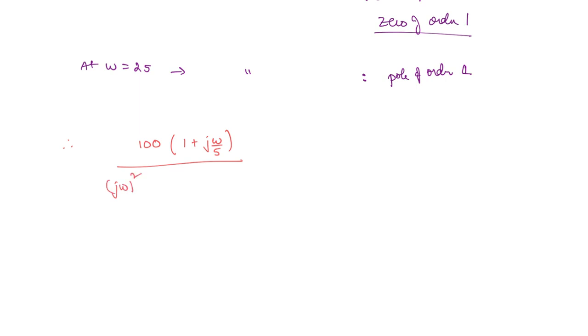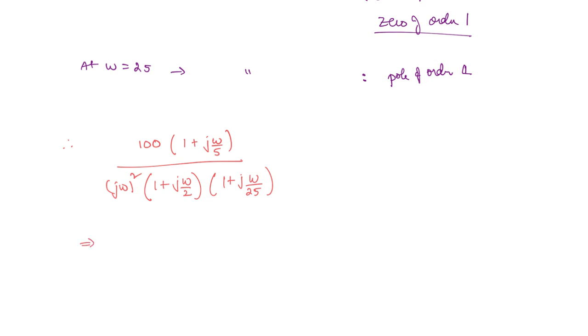So j omega whole square into another pole, and poles we have at omega is equal to 2 and 25. So you're going to get 1 plus j omega by 2 into 1 plus j omega by 25. Because when you write 1 plus j omega t, then what was the corner frequency? 1 by t. Okay. So if the pole is given at x, then it will become j omega by x.